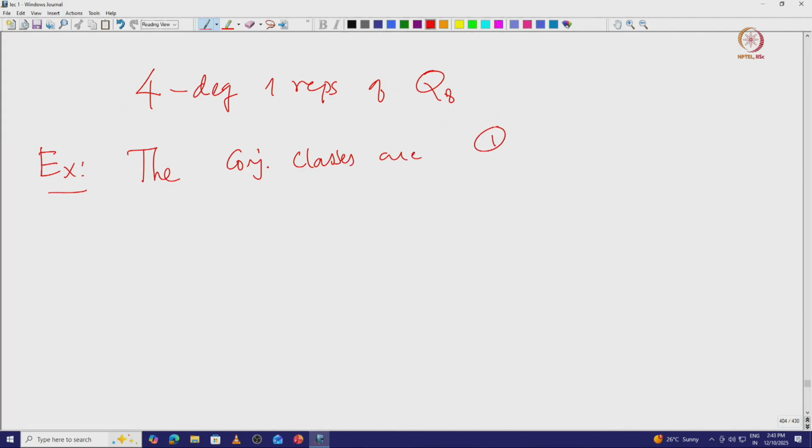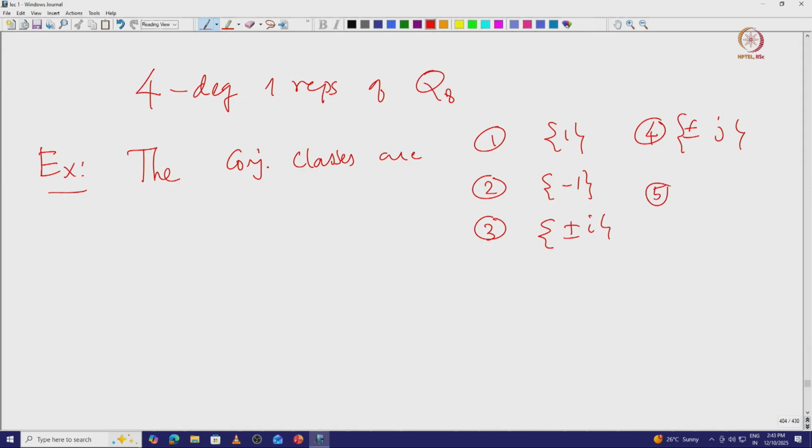First you have just the identity, and second you have the negative of 1. Plus or minus i will be in the same conjugacy class. Similarly, plus or minus j will be in the same conjugacy class, and plus or minus k also will be in the same conjugacy class.